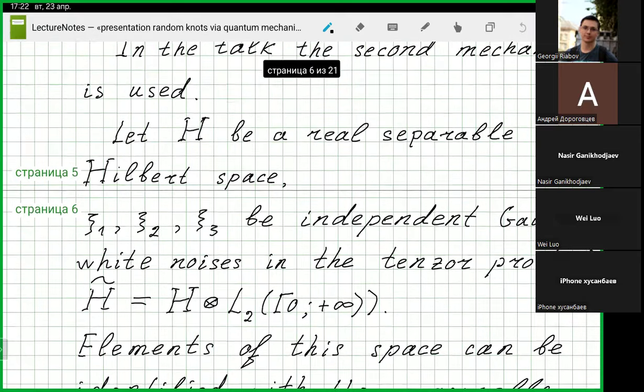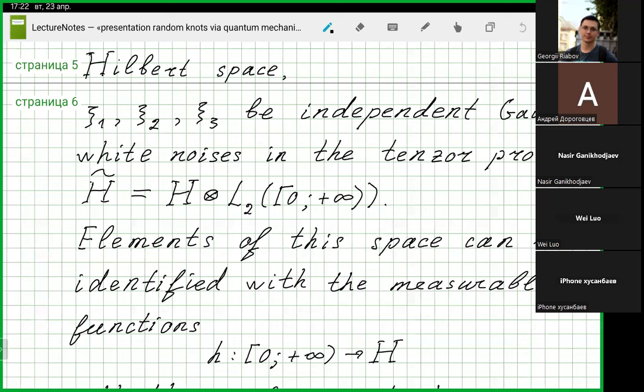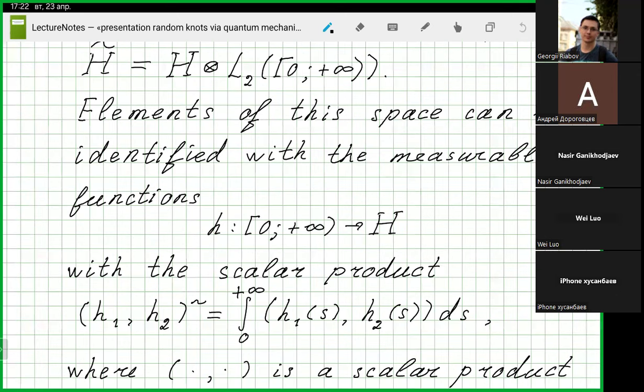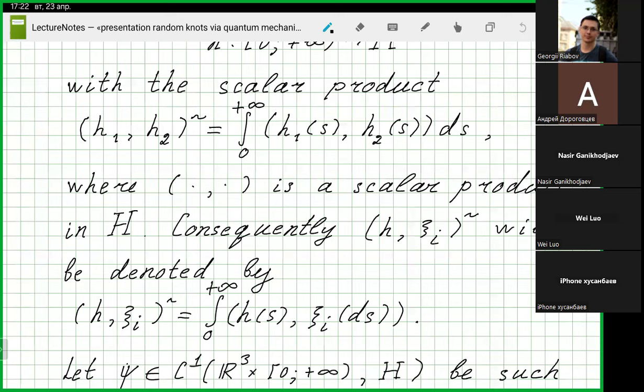So let H be a real separable Hilbert space, and psi1, psi2, psi3 be independent Gaussian white noises in the tensor product H multiplied by L2(0, plus infinity). One can consider the elements of this tensor product like H-valued functions with the following scalar product. And then one can define the integral with the white noise.